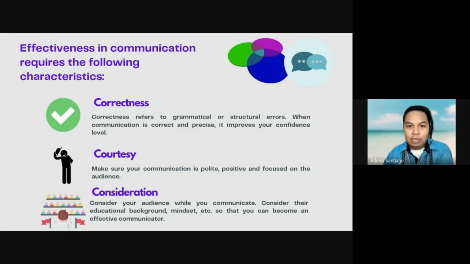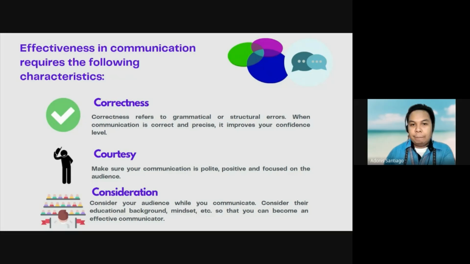So that is not already in the present tense. If it's still in the future tense, you need to use tenses which will be in the future. If you are using the past tense, but it's still yet to be made, it will create misinterpretation to your audiences.